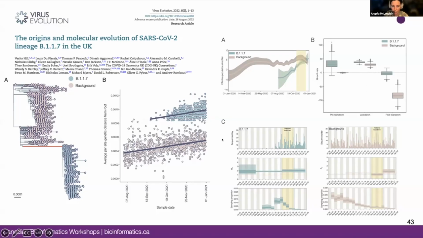And then they also interpreted the sequences per day. They estimated the effective reproduction number using the birth death skyline model, which I have issues with because of the non-identifiability issues. And they looked at the sampling proportion. But they did also date this origin of the B117, and we will discuss that more in our lab.